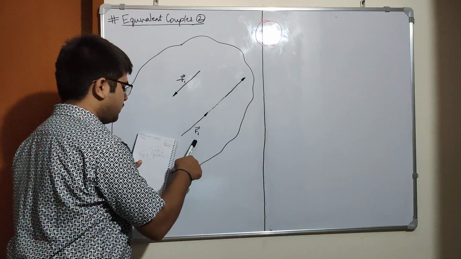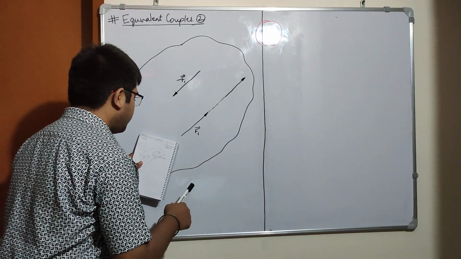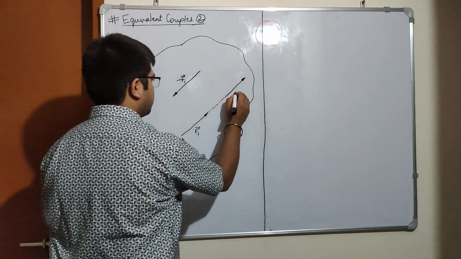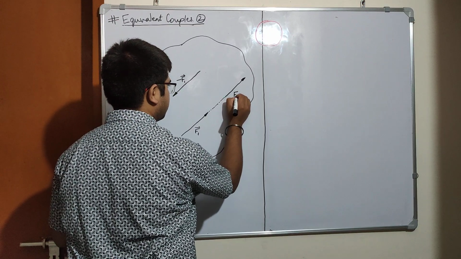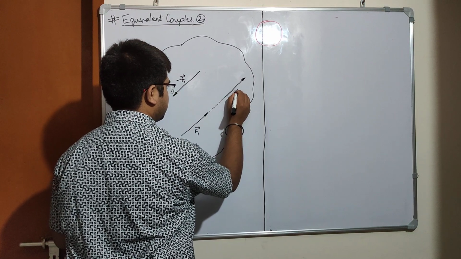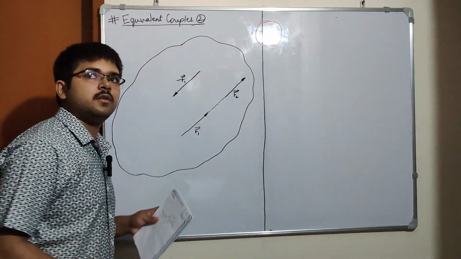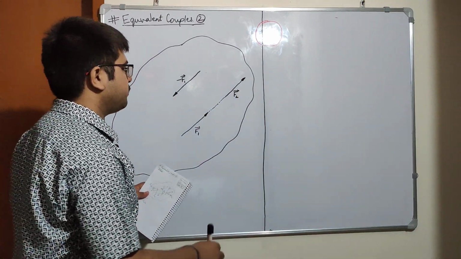And for simplicity, I'll name it F2 vector.